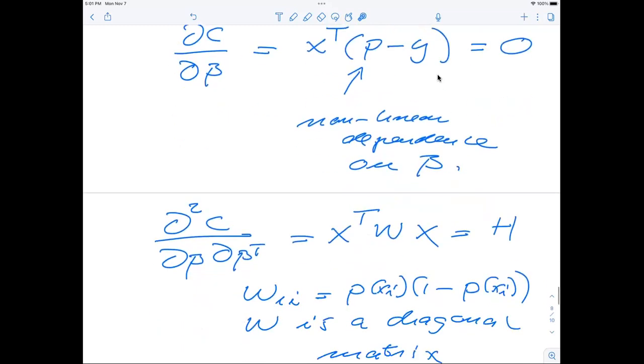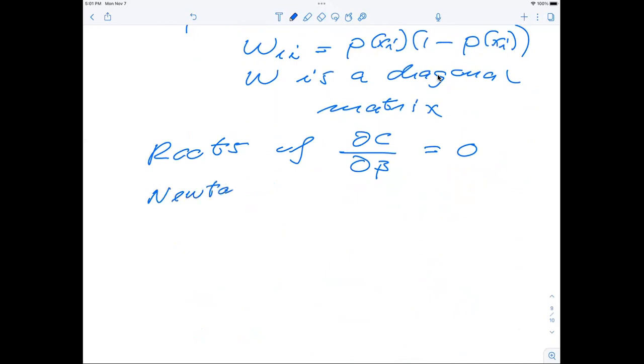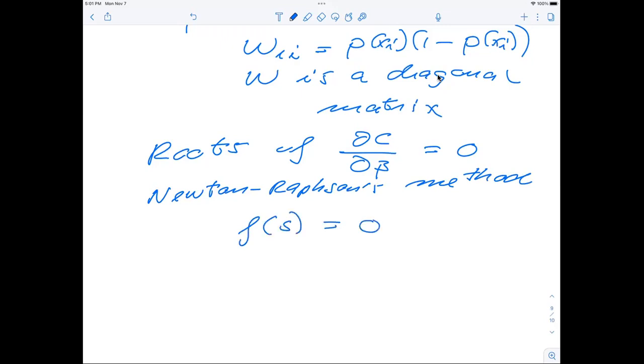So let me quickly remind. What we want now are the roots of dC/d beta equal to 0. If you look back at Newton's method, or Newton-Raphson method, I'm just going to write a function: we want a function f of s equal to 0, where s now is the optimal parameter.